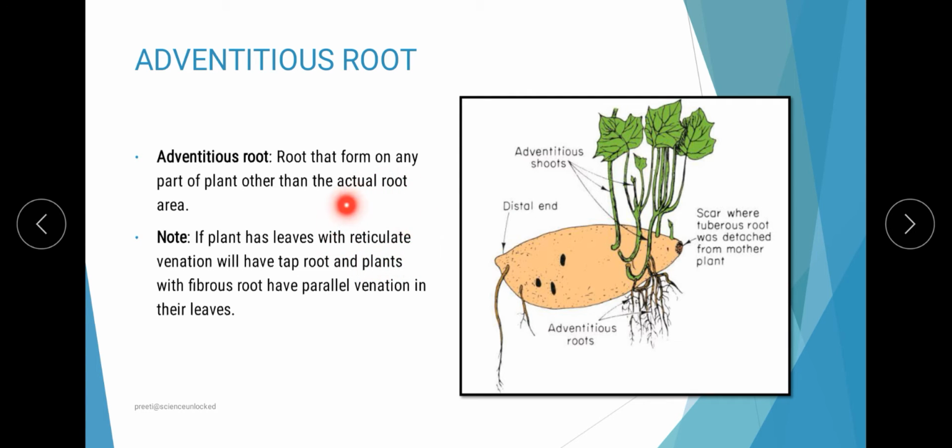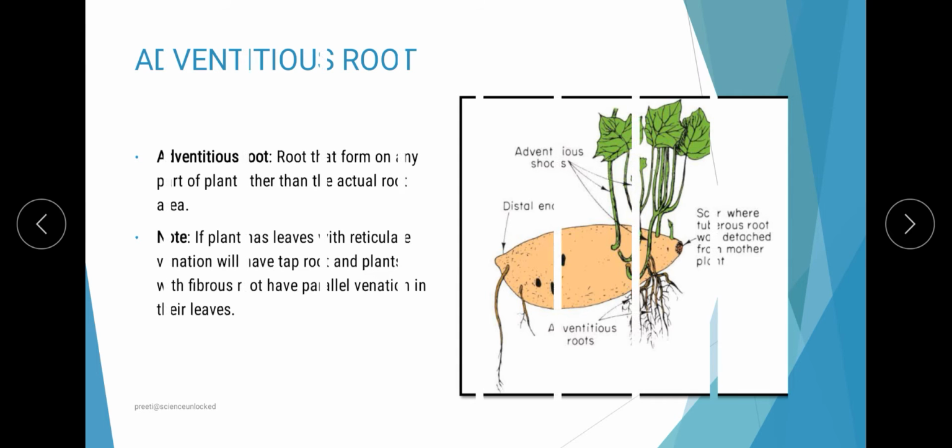Whenever we observe reticulate venation, that plant has a taproot system. On the other hand, whenever there is parallel venation, it simply means that the plant has a fibrous root system. So that is an add-on point, so you don't have to pluck out the plant every time to find out the kind of root system it has in the first place.